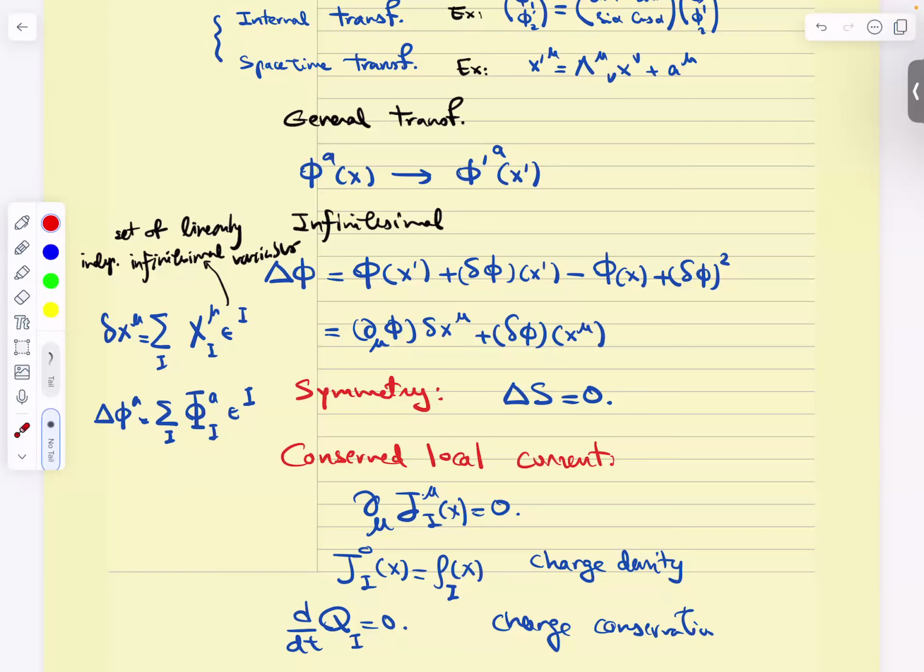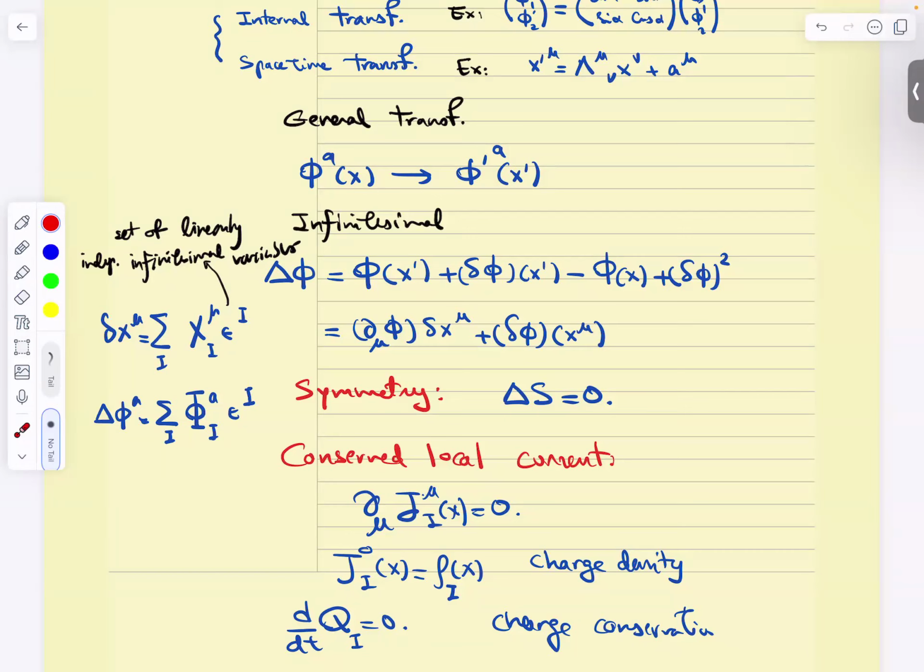So my delta x mu is epsilon mu, that I can write as xi mu i epsilon i, where xi mu i is delta mu i.